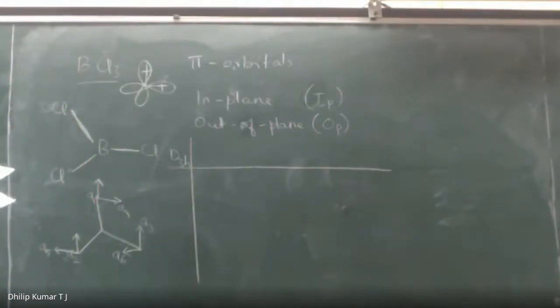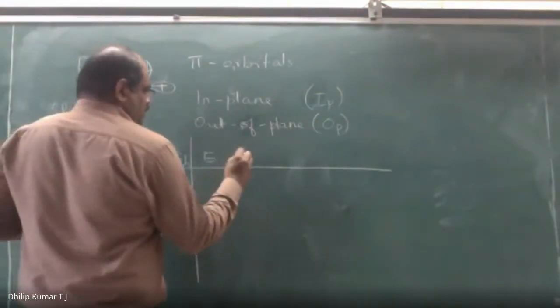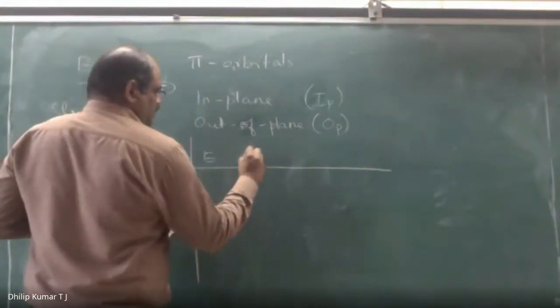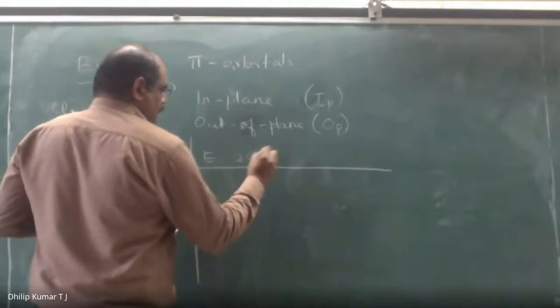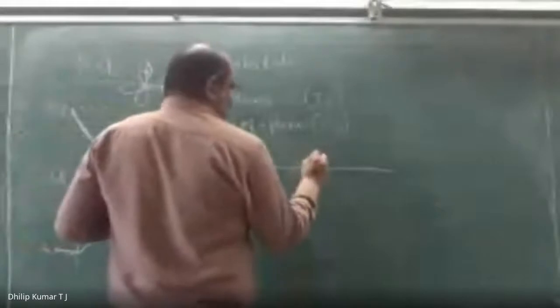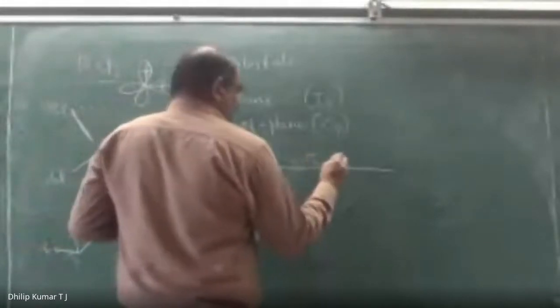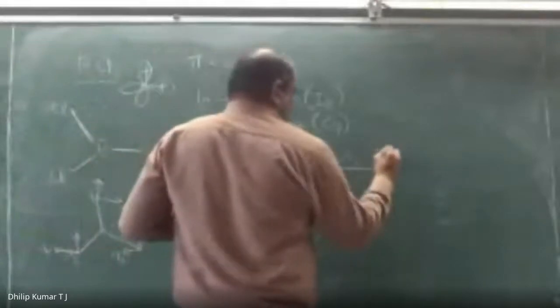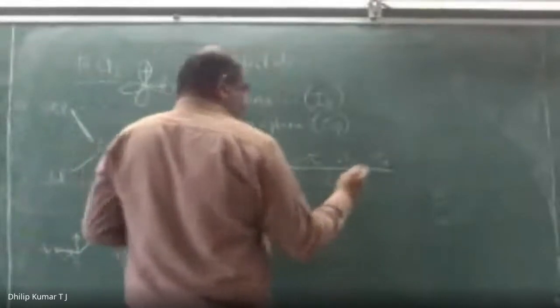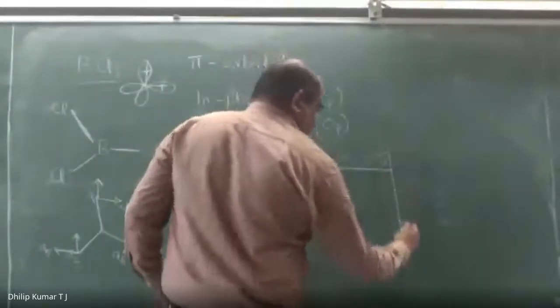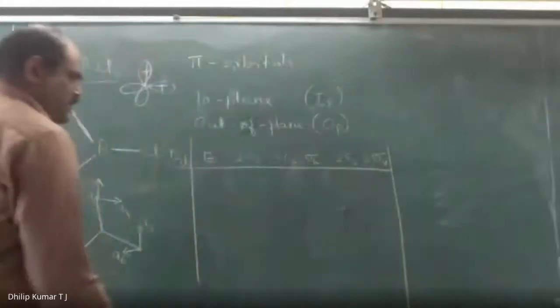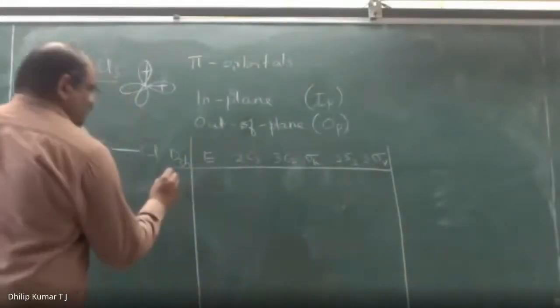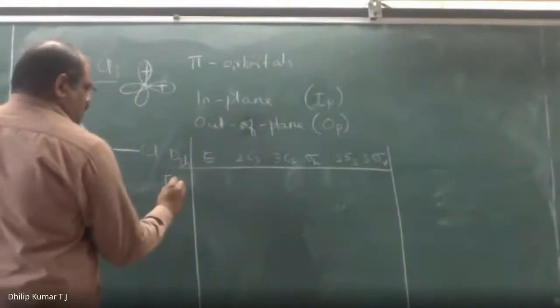So let's write the D3h character table: E, 2 C3, 3 C2, sigma h, 2 S3, and 3 sigma v. Writing it all is too much, so let's write only gamma of in plane.